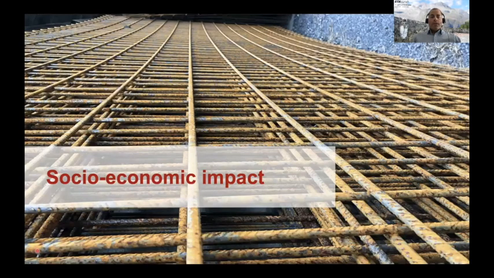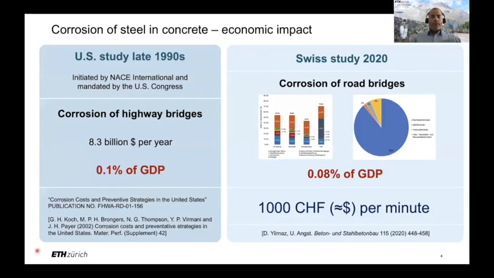So let me start with the socio-economic impact of corrosion of steel in concrete. First, it has a financial impact. Corrosion was well demonstrated in the 1990s in a large US study that was initiated by NICE and then mandated by the US Congress. In that very large study, they also looked into the costs related to corrosion of highway bridges.